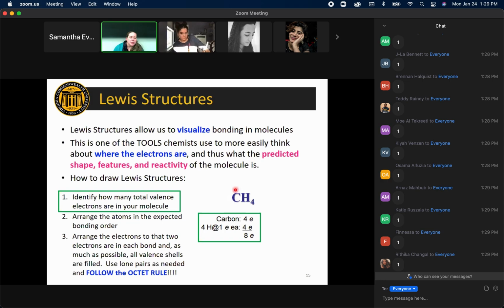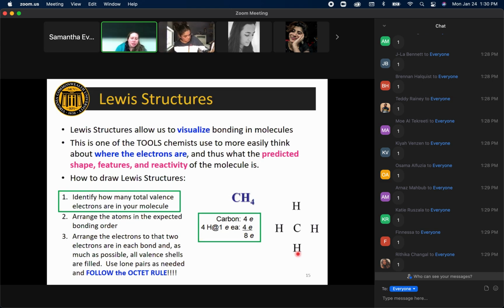Hydrogen atoms, for the purposes of this class, can only be bonded to one other thing. So you're only ever going to have hydrogens coming off of something. They're not going to be connected in a chain, for example. I've gone ahead and done that here for methane. We're going to have a central carbon with 4 hydrogens around it. Take a moment and think about this for yourself.